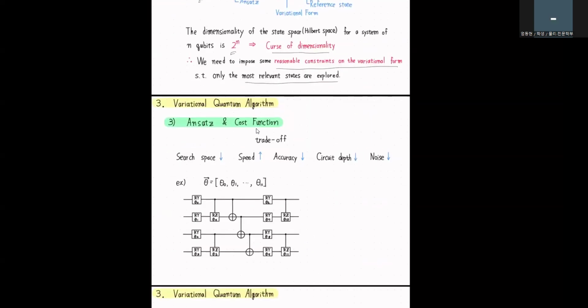Otherwise, because of the exponential scale of the Hilbert space, most of the states are irrelevant to our problem. So exploring the different combinations needed for theta might be challenging without these constraints.